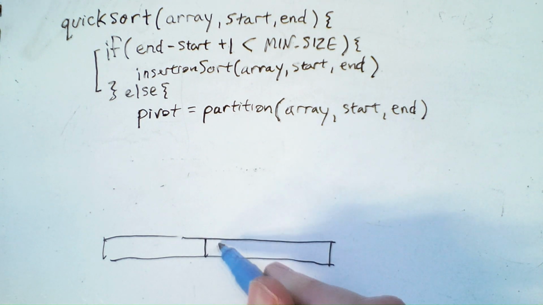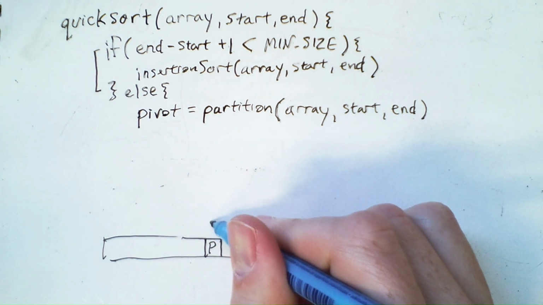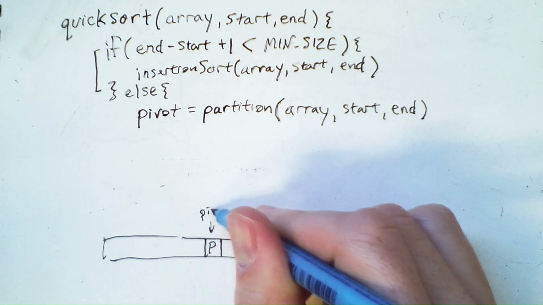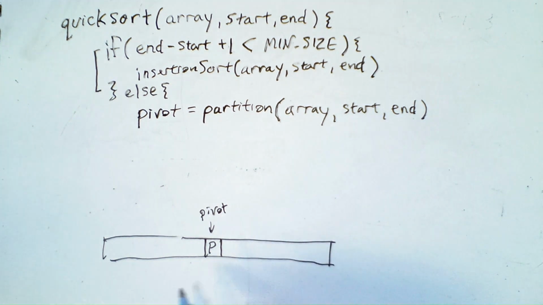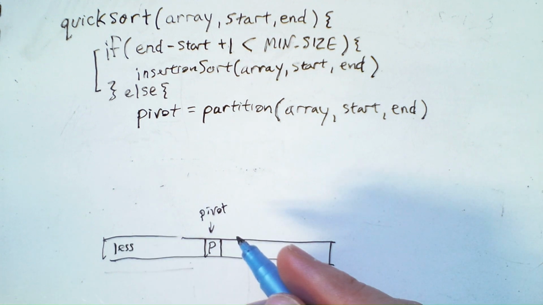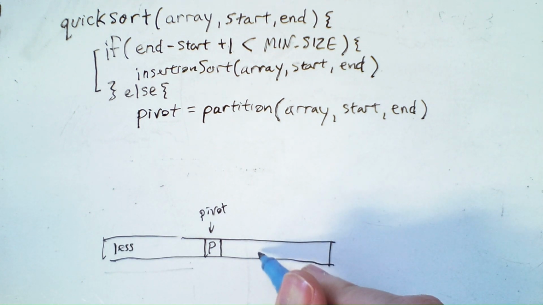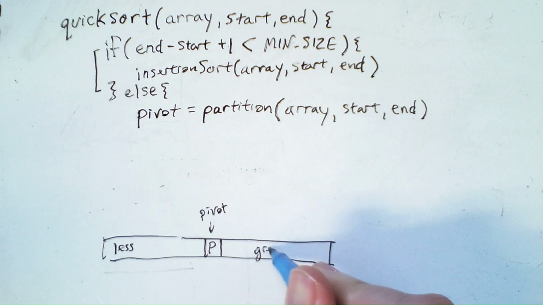So this index is the location in our subarray around which everything is partitioned. So if this is where the pivot is, then the value returned here is the index, and we know that everything here is less than the pivot, and that everything on the right side is greater than the pivot.